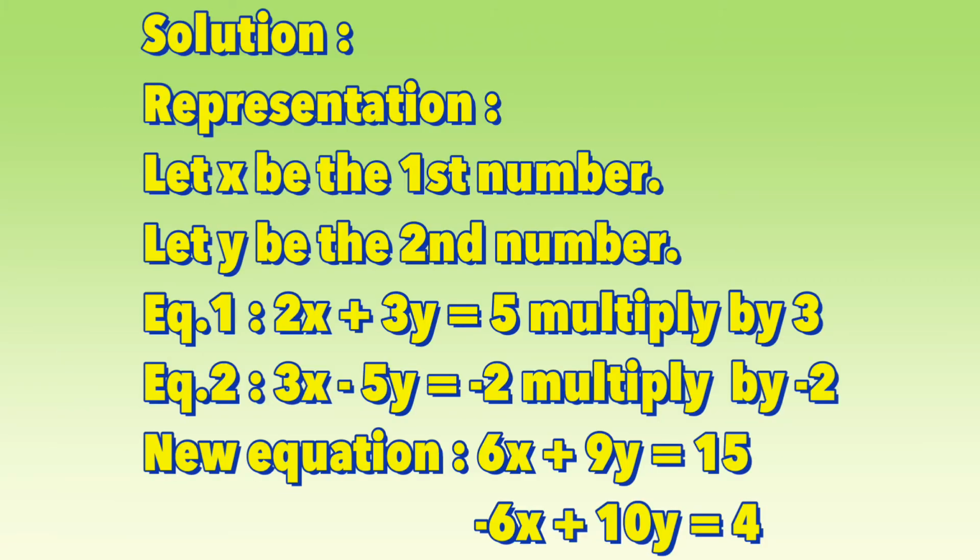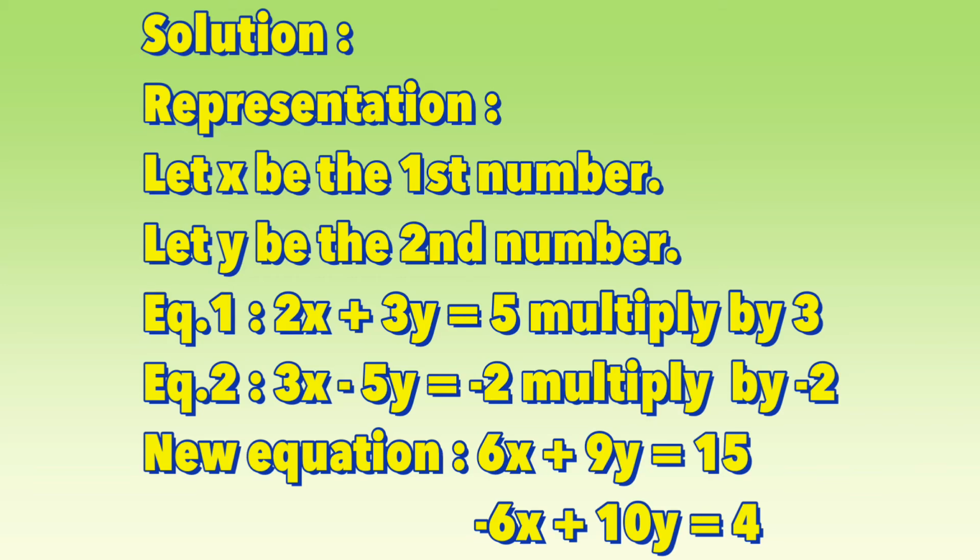So our representation: let x be the first number and y be the second number. In our equation, 2x plus 3y equals 5. This came from the statement twice the first number added to thrice the second number equals 5.